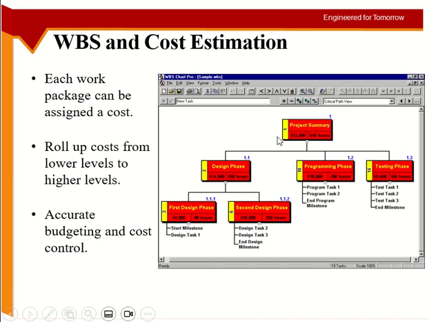Similarly, the cost of the project is the summation of each of the lower levels of phases. So I add 14 from here, 10 from here, 9 6 from here, and I get the total cost. So in terms of cost, you need to define the cost of the lowest level. For the other levels we just sum them.